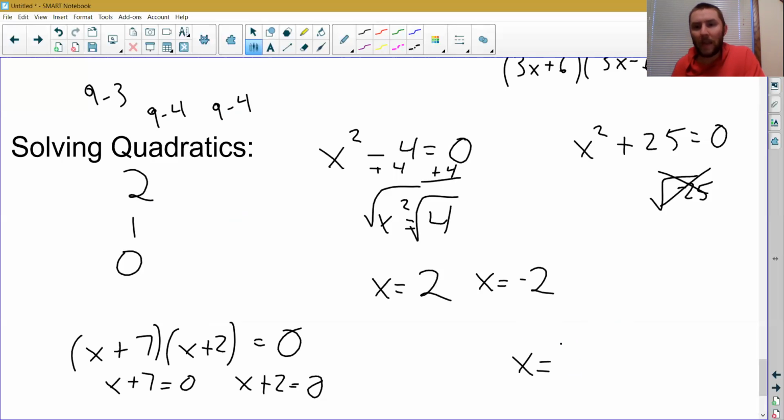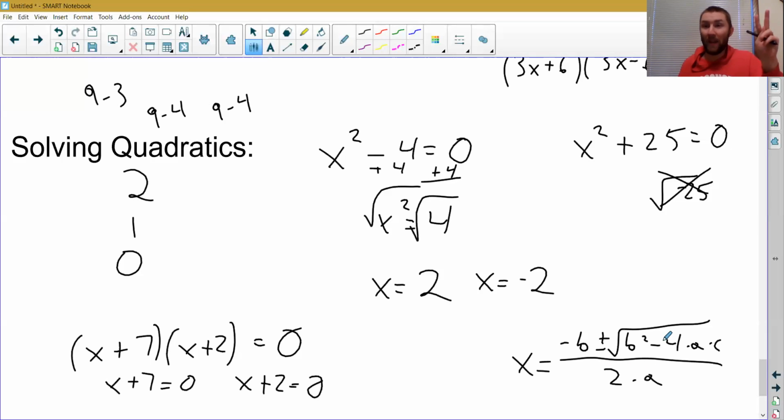We ended up with the opposite of b plus or minus the square root of this big long formula, b squared minus 4 times a times c, all divided by 2 times a. That would tell us the two answers for x by doing one with the plus on the top and one with the minus. And the stuff underneath the square root, remember, was called the discriminant. We talked in another video in section 9.6 about what we can find out from that.